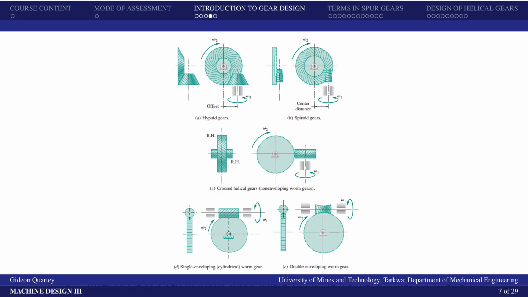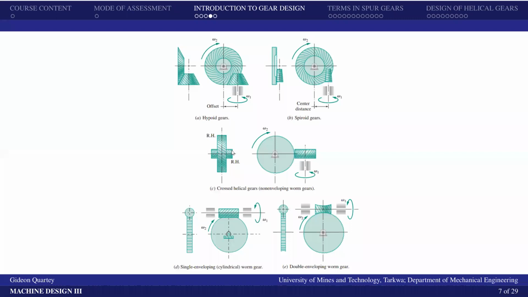And we also have the cross helical gears, which in that case, we have something like the helical gear. They are crossed. The helical gears are crossing. If you look at it from one side, you have the helical gear, which is the pinion.